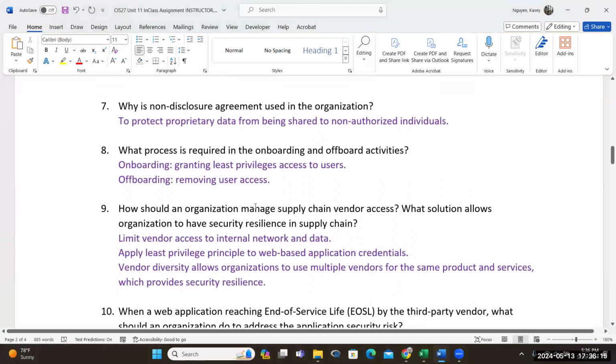Okay, for 9, it says, how should an organization manage supply chain vendor access? What solution allows the organization to have security resilience in supply chain? So we learned that supply chain will involve all the parties that are required from the time that they make the product until they get the product to the store.